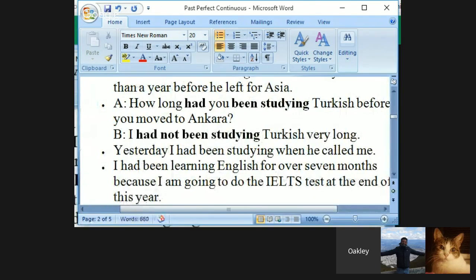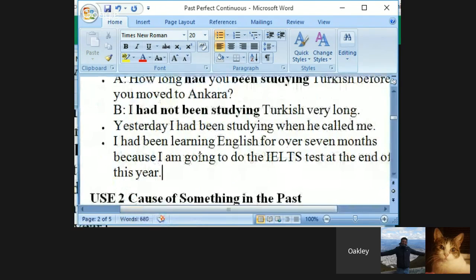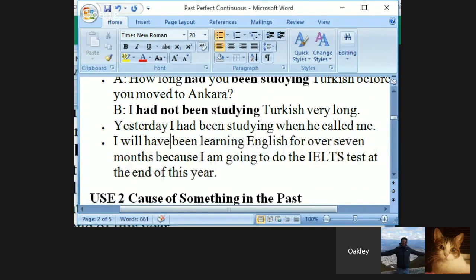Okay. Now, the thing is, I am going to do, this is a simple future, a plan in the future. So, in reality, you're a day ahead of things. Tomorrow's lesson is the future perfect continuous, in which case, really, this is what you need. I will have been learning English for over 7 months, because now you're interrupting action.